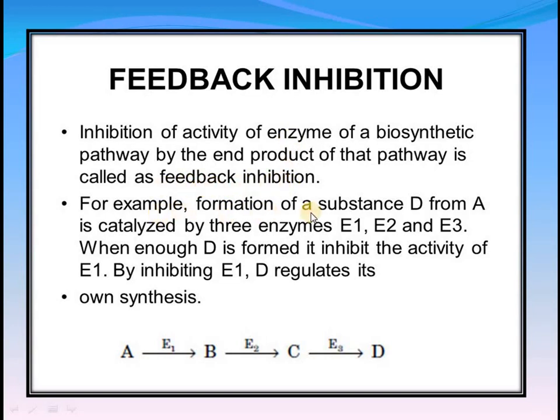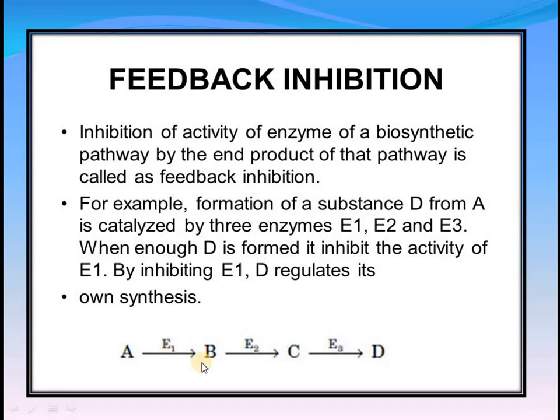For example, formation of substance D. Now in this equation you can see that here is substance A, B, C, D. Now D is product. Substance D from A is catalyzed by 3 enzymes, that is E1.